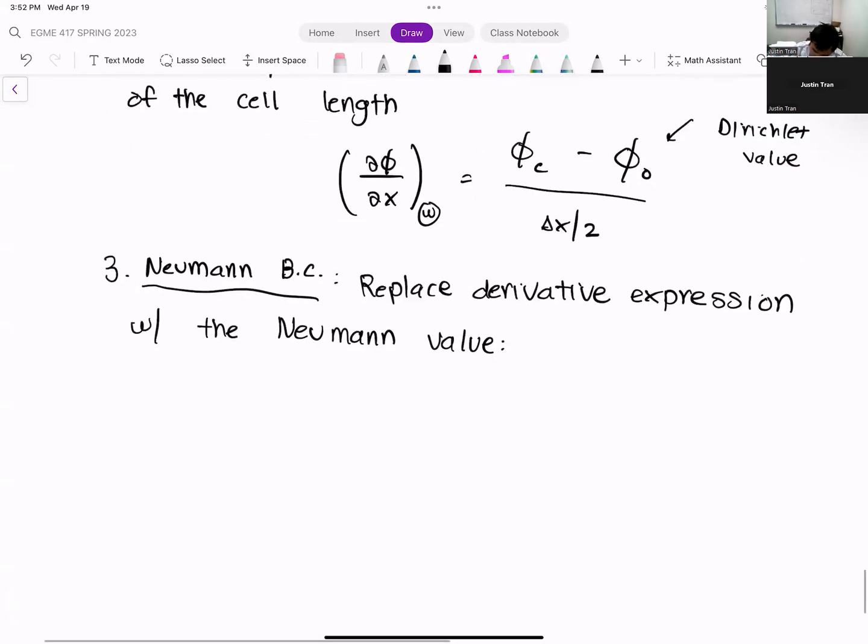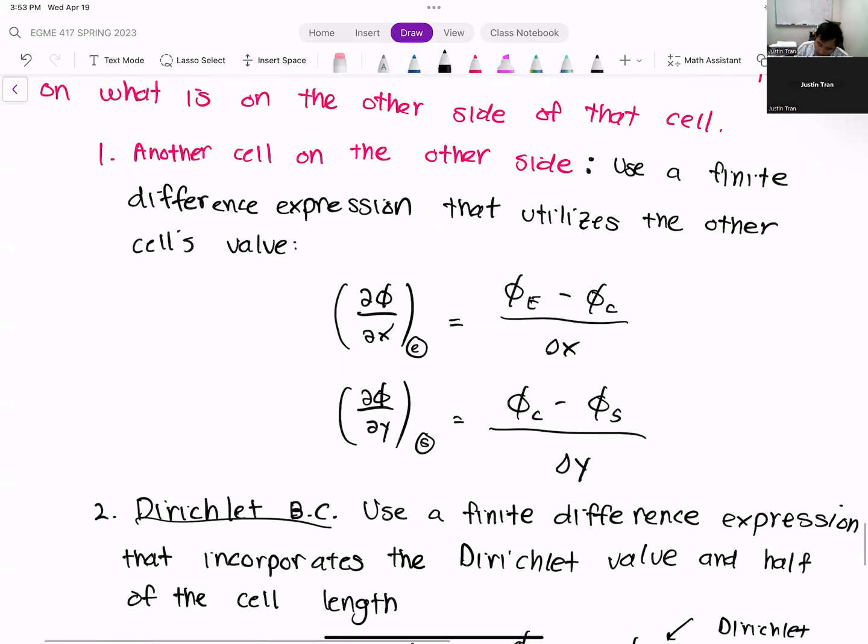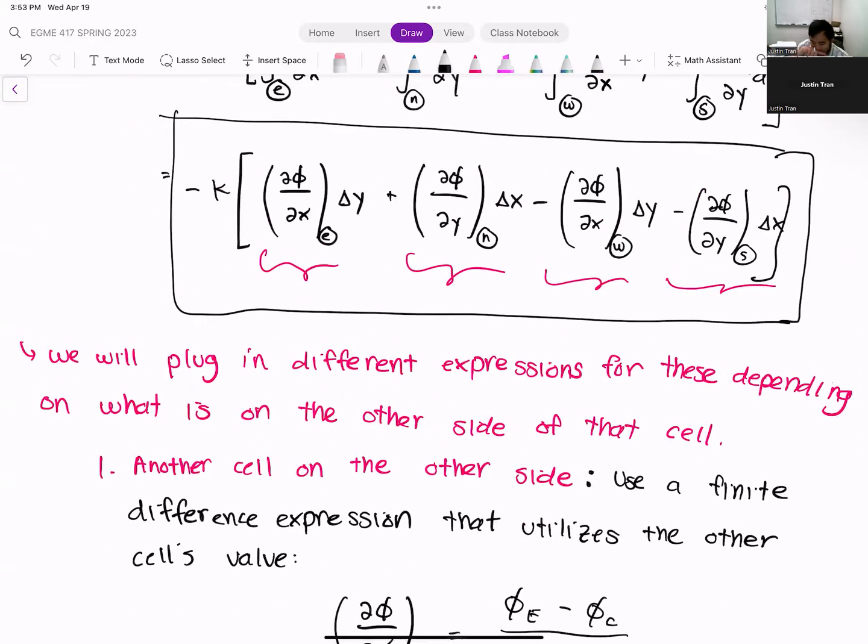So let's say we have partial phi partial y on the north face. You're going to set that equal to gamma. Those are the three cases, and you have to apply this to all 4 integrals for each cell, so you're going to do this basically 4 times.